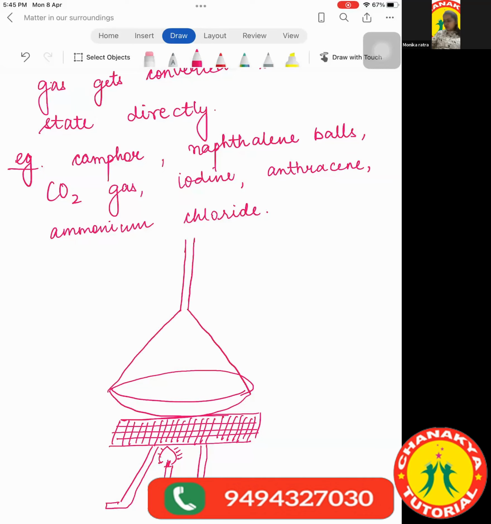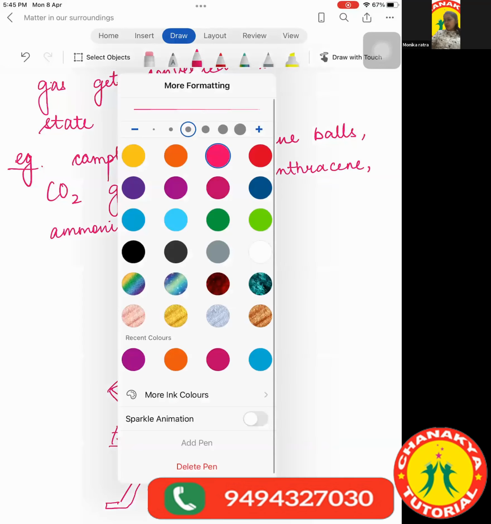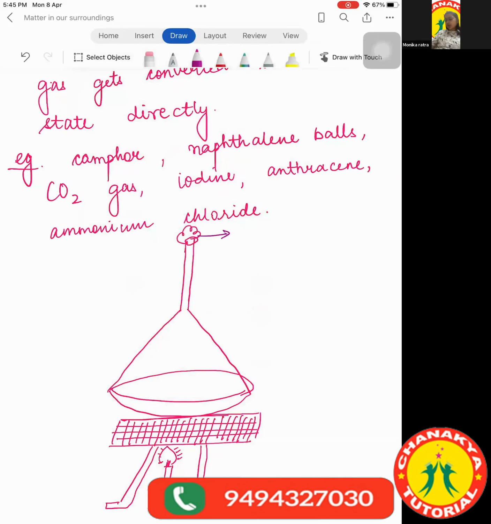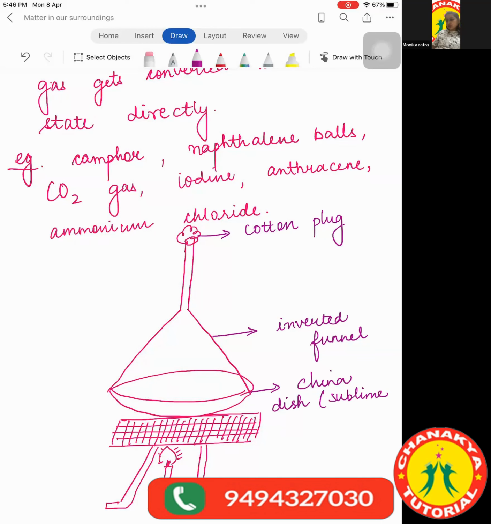I will show you a video also. So children, just look at the diagram first of all. This is the cotton plug. This is an inverted funnel. This is the china dish which has the sublime substance. That's the wire gauze.